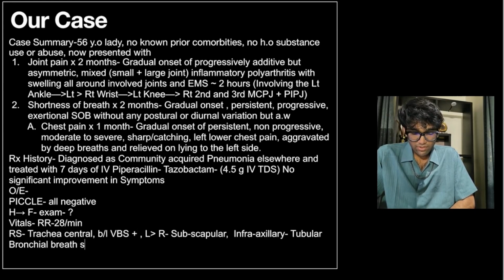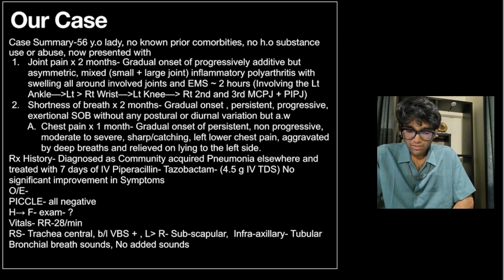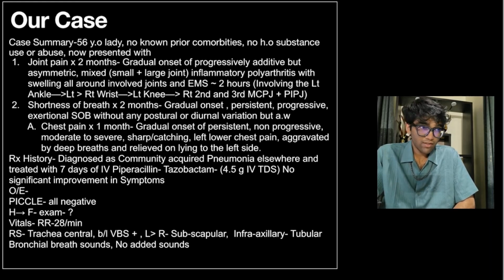The examination of the respiratory system was significant in that the trachea was central and there were bilateral vesicular breath sounds, but there were left more than right subscapular and infra-axillary tubular bronchial breath sounds with no other added sounds.